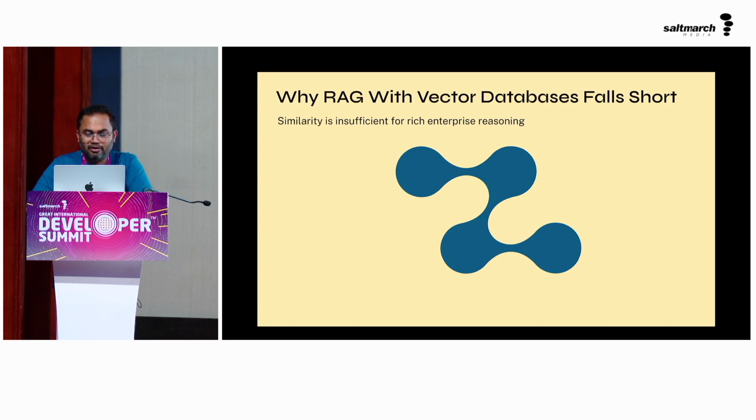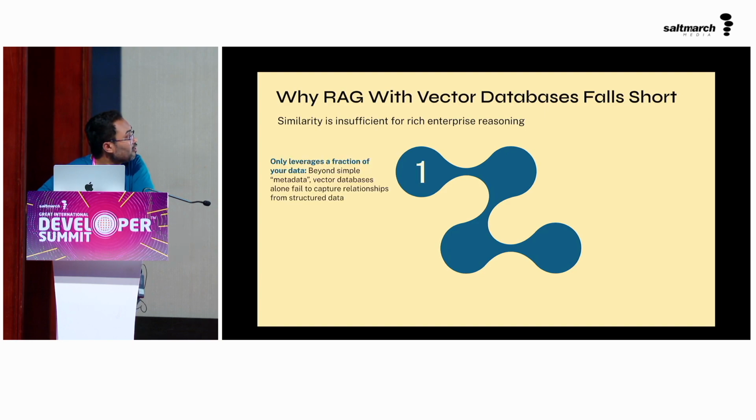So while vector databases are amazing at showing the art of the possible with GenAI, they have several limitations, and some of them I just wanted to list based on what we learned from our customers, right?